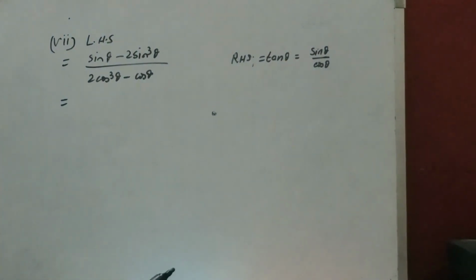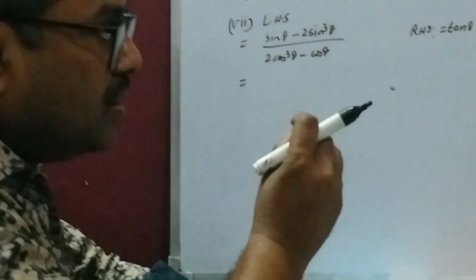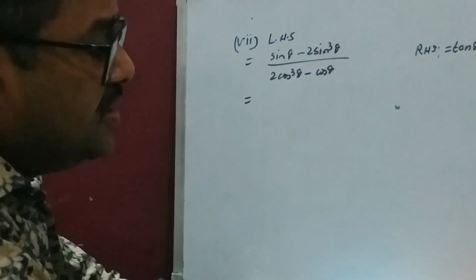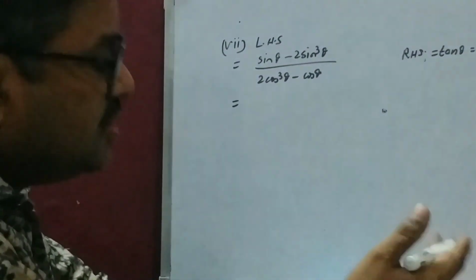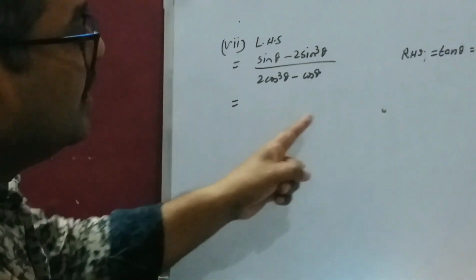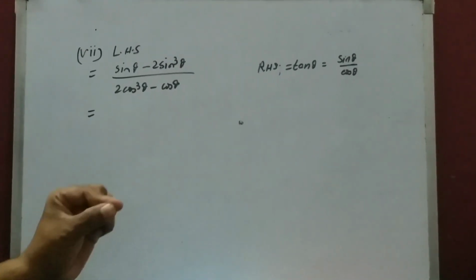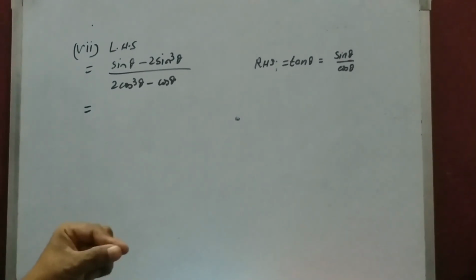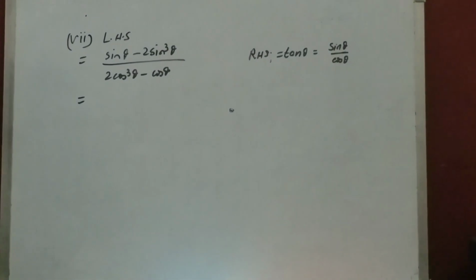Our planning should always be based on the RHS. So watch the RHS carefully, and how can we reach the RHS from the LHS? You will make a proper plan in a moment of time. They will not allow you to take a lot of time. This should be a momentary action.